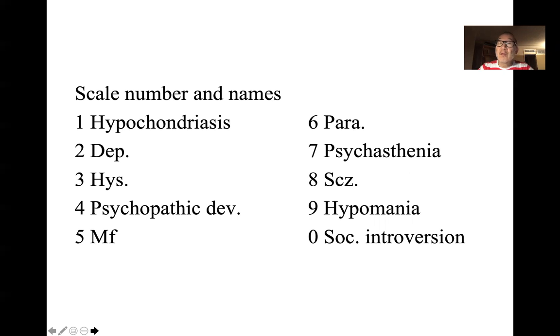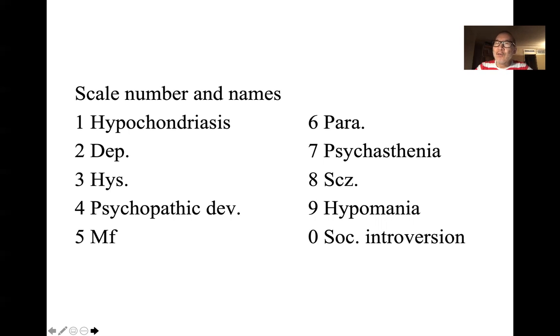Okay. The sixth factor is paranoia. Seventh is psychasthenia. Now, this is another old term, but one that people may be more familiar with, neuroticism. You can kind of think of this as neuroticism or a neurotic personality style.